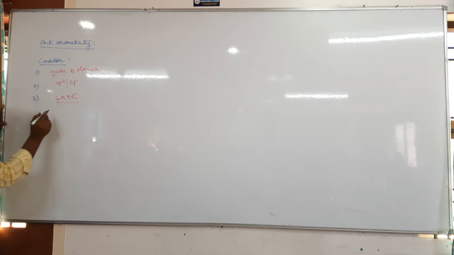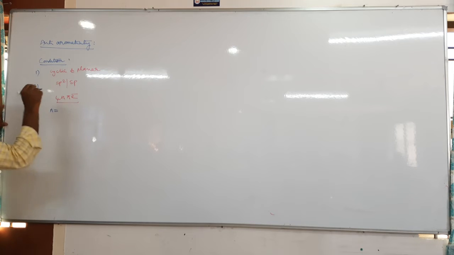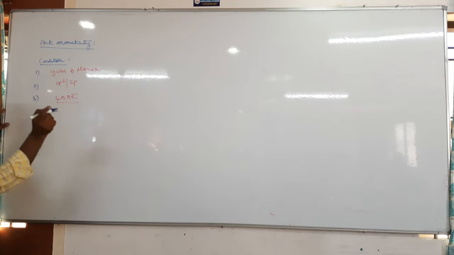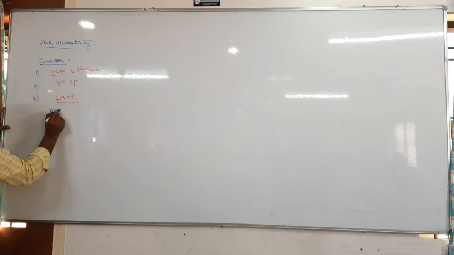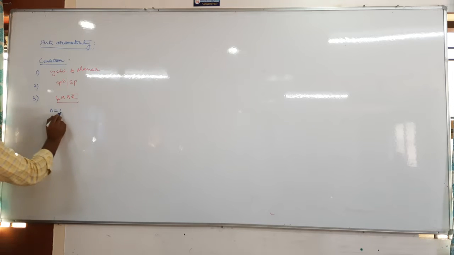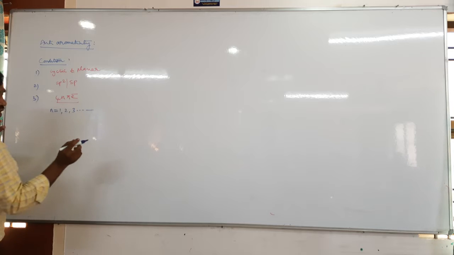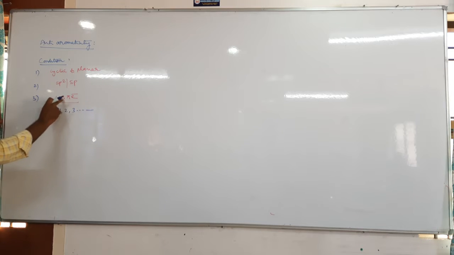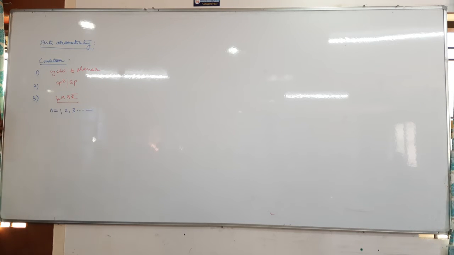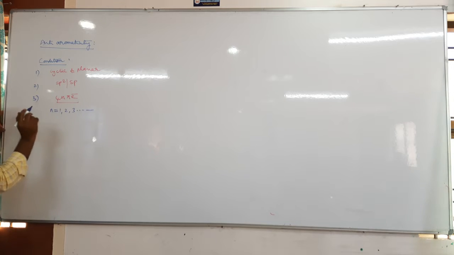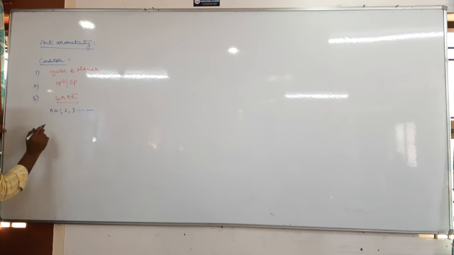In the case of aromatic compounds we took n equal to 0, 1, 2, 3, but here n must be at least 1: 1, 2, 3, 4, and so on. If you take 0, 4 into 0 becomes 0, meaning no pi electrons, so it is not at all anti-aromatic. Therefore n should be 1, 2, 3, 4.